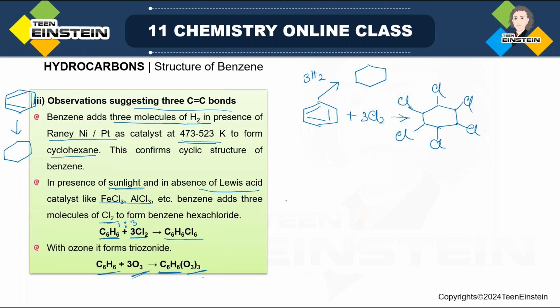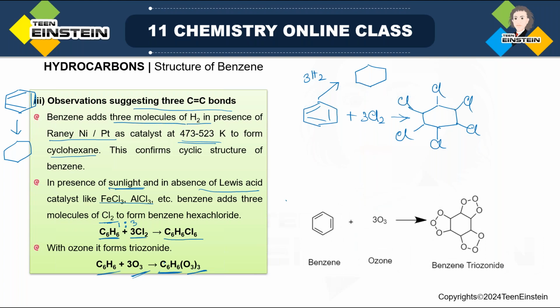But when these 3 O3 molecules are attached, the formula is like this, but the actual structure of triozonide is this one. This is 1:3. If you consider the mole ratio, or the ratio of molecules, then we are getting this type of benzene triozonide. So 3 ring formation. So originally, these are the positions of the double bonds. If I consider the original position of double bonds, these are the double bonds.